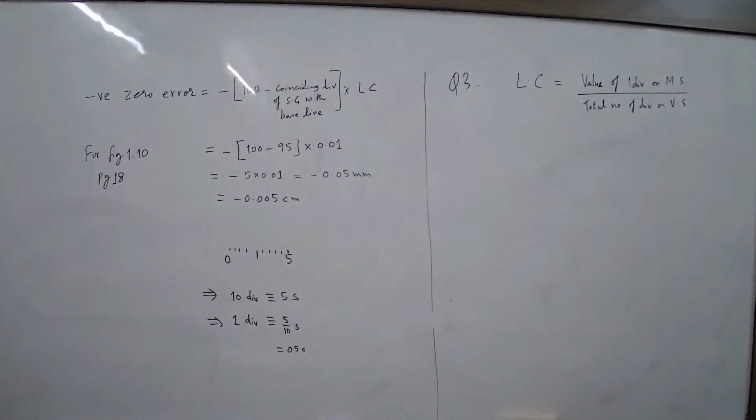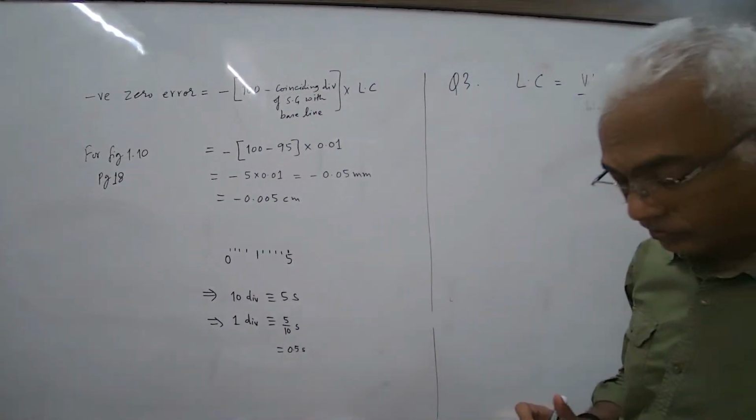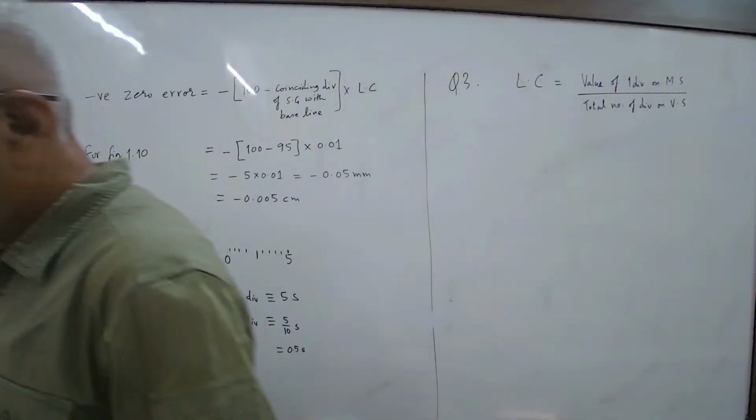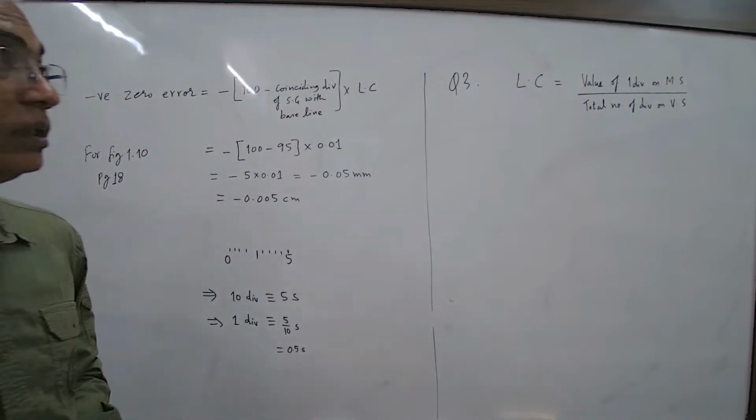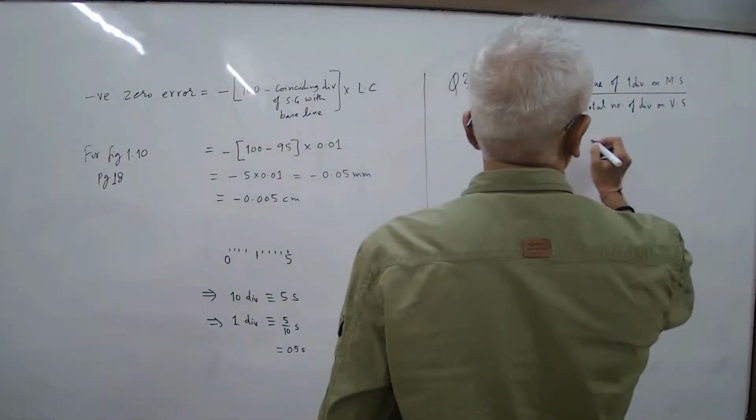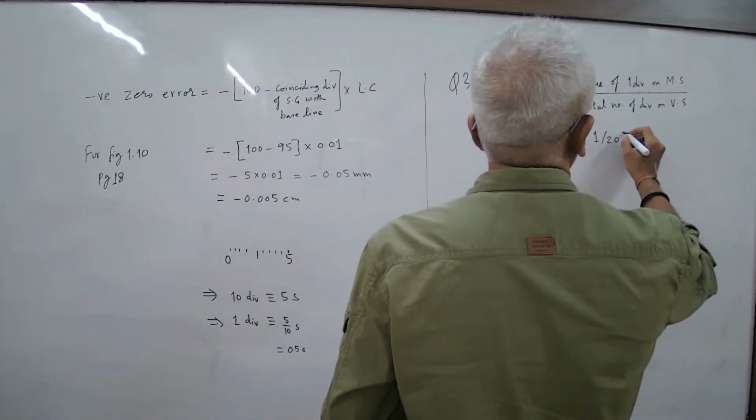How to find the least count for a vernier calipers? Value of one division on main scale. So what is the value of one division on main scale? 20 divisions is 1 centimeter, so 1 division is 1 by 20 centimeter.